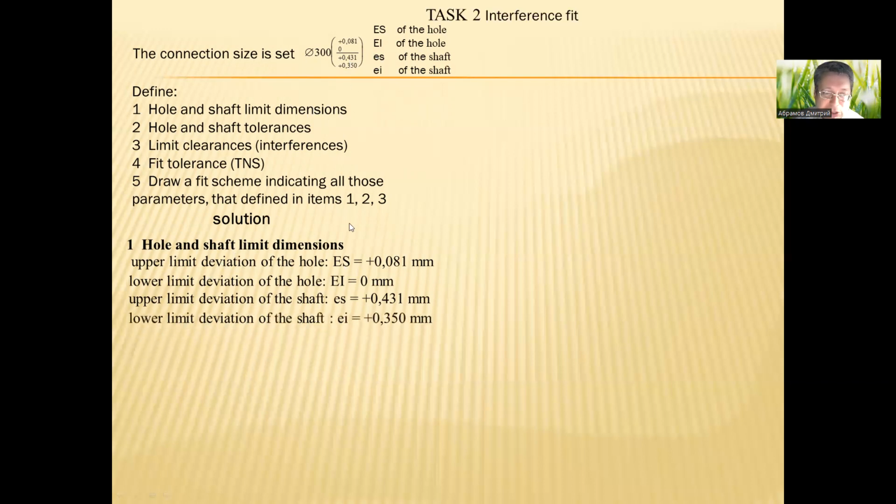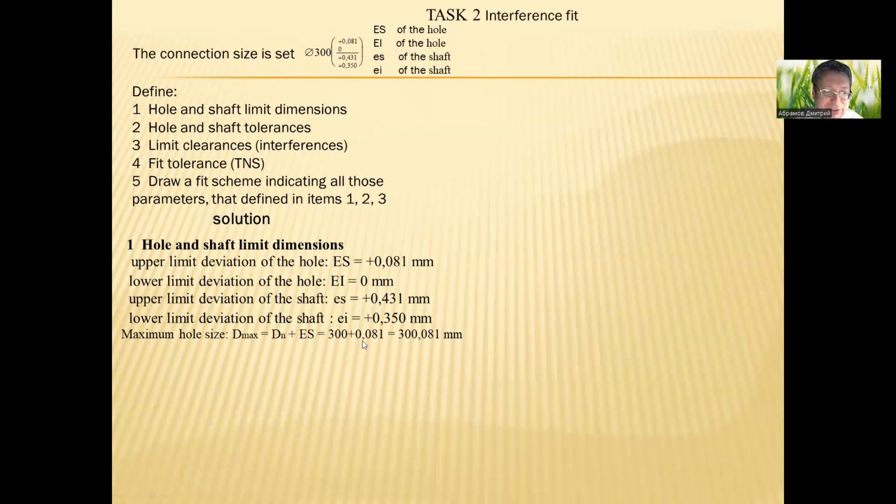Lower limit deviation of the shaft, ei, is equal plus 0.350 millimeters. Maximum hole size, D maximum is equal nominal diameter plus upper limit deviation of the hole, big ES. So nominal diameter is equal 300.